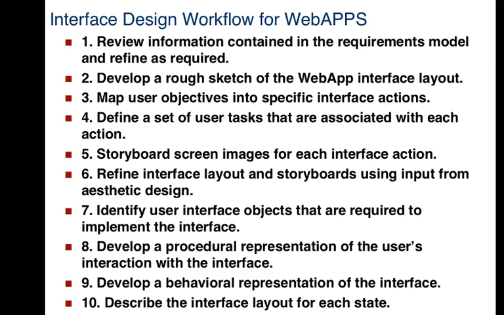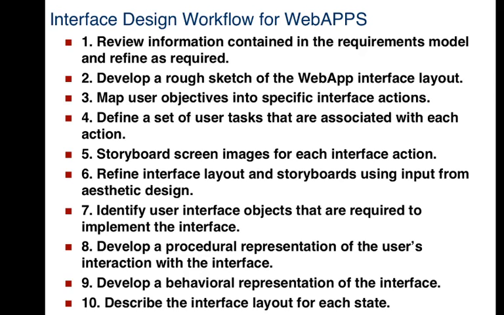Seventh, identify the user interface objects that are required to implement the interface. Eighth, develop a procedural representation of the user's interaction with the interface. Whatever procedures and mechanisms are associated with interacting with the component should be considered.